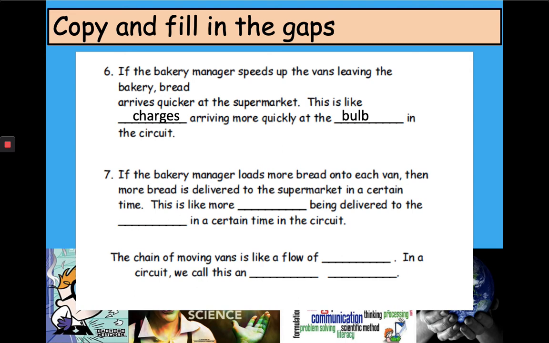If the bakery manager loads more bread onto each van, then more bread is delivered to the supermarket in a certain time. This is like more energy being delivered to the bulb in a certain time in the circuit. The chain of moving vans is like a flow of charges. In a circuit, we call this an electric current.